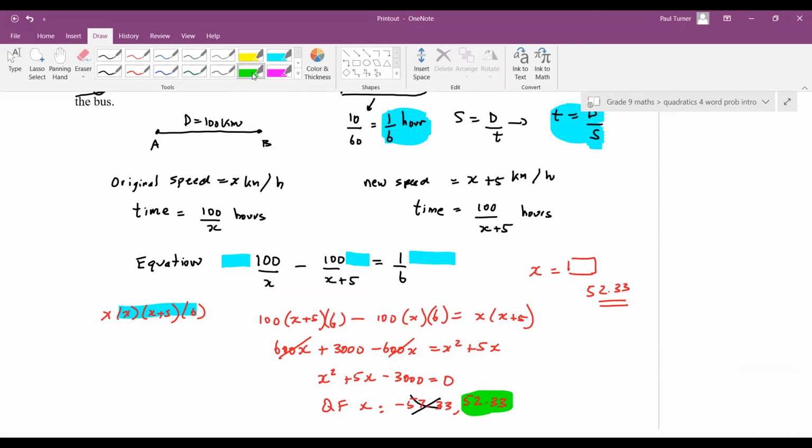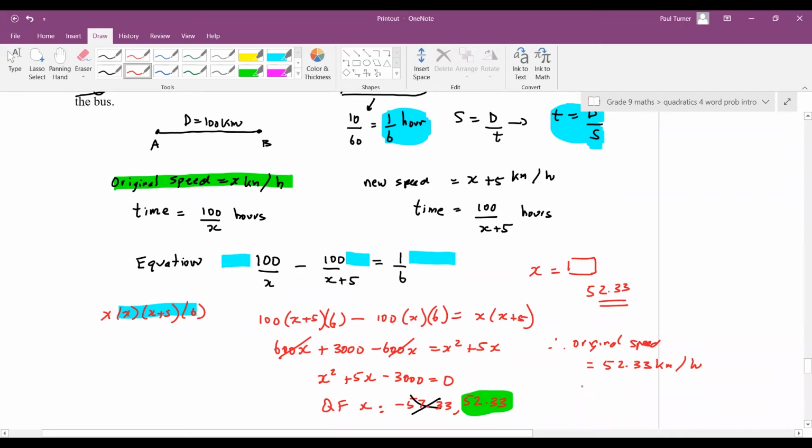So that is your original speed here, X. So you could write that as, okay, therefore original. So your original speed is 52.33 kilometers per hour. And when you increase that by 5, you'll decrease your travel time by 10 minutes.